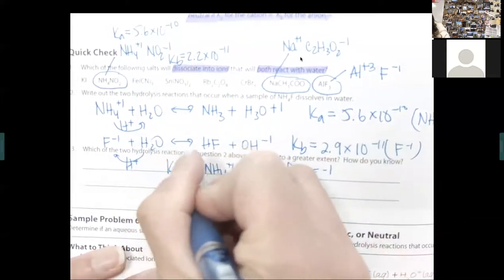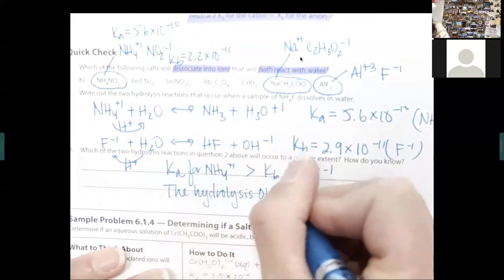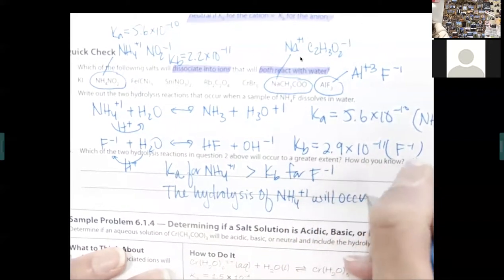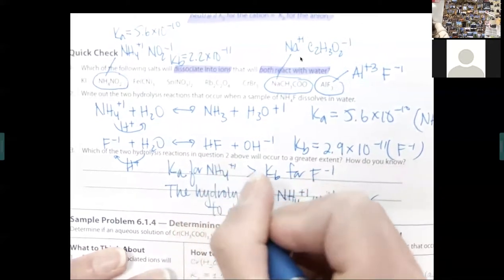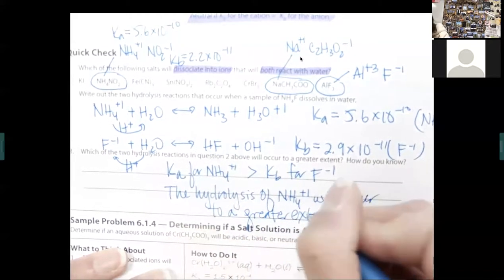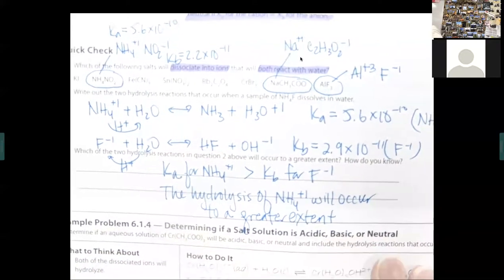So the hydrolysis of NH4 plus 1 will occur to a greater extent because of its Ka value, okay?